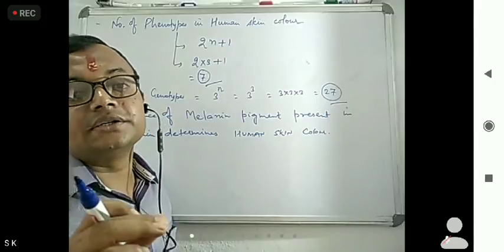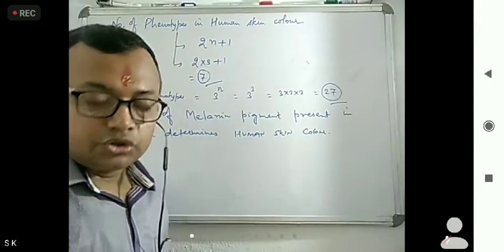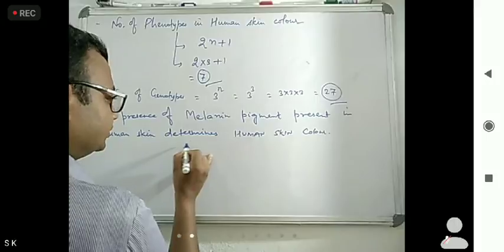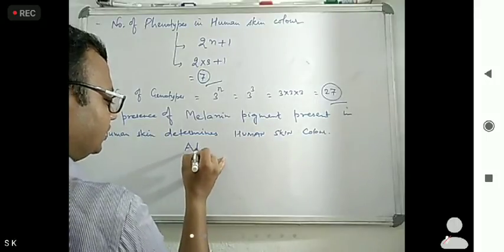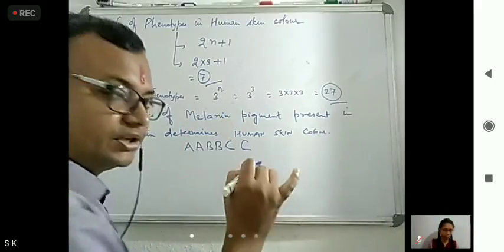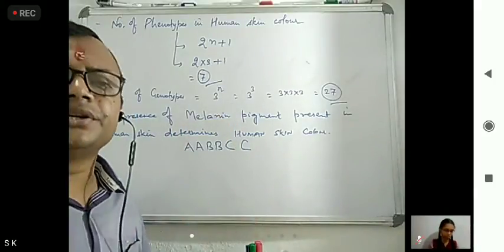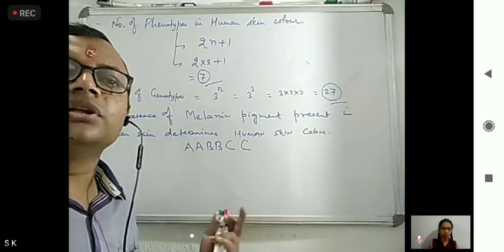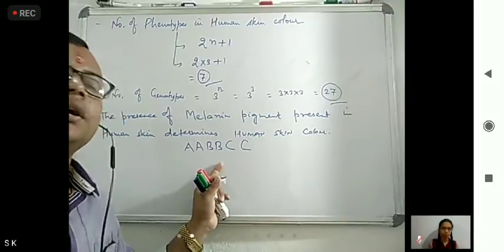Okay, so if all three gene pairs are present, it will be very dark skin. Here we see three gene pairs, capital A, capital A, capital B, capital B, capital C, capital C. I'll not go into complete detail, that will take more than one class, so I'll come to the conclusion.